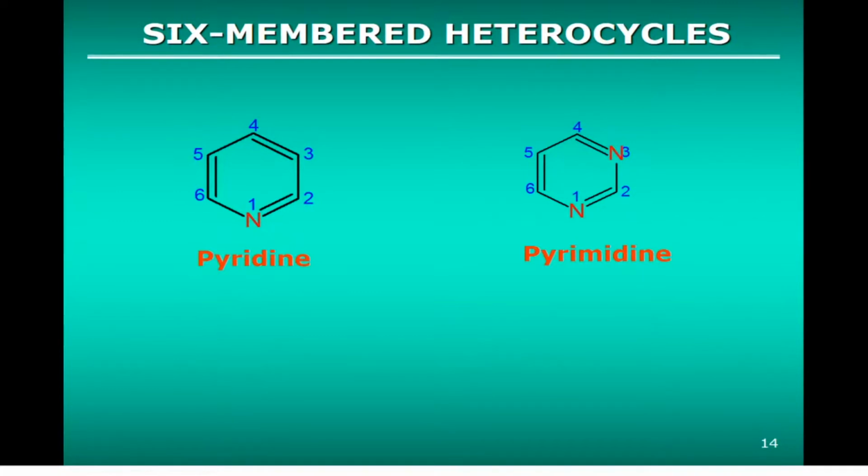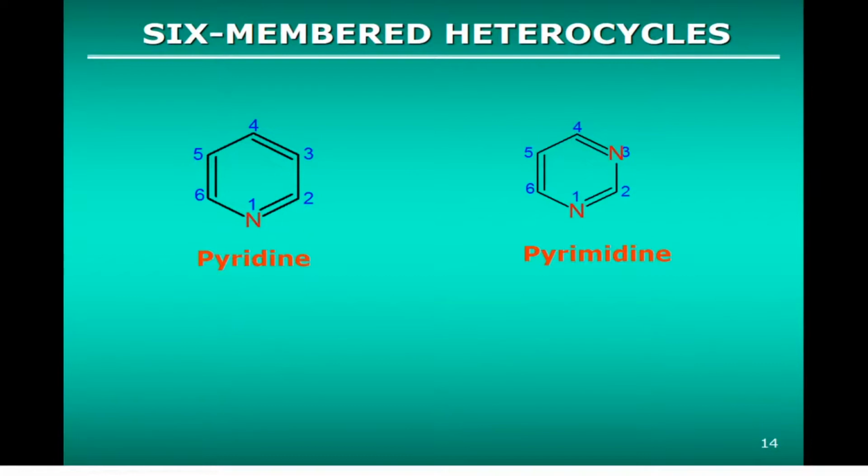It's a structural unit, completely saturated, of carbohydrates as well as 5-membered ones, as you remember, glucose, glucopyranose, the pyranose structural unit. So about nitrogen-containing ones, it's pyridine and pyrimidine.